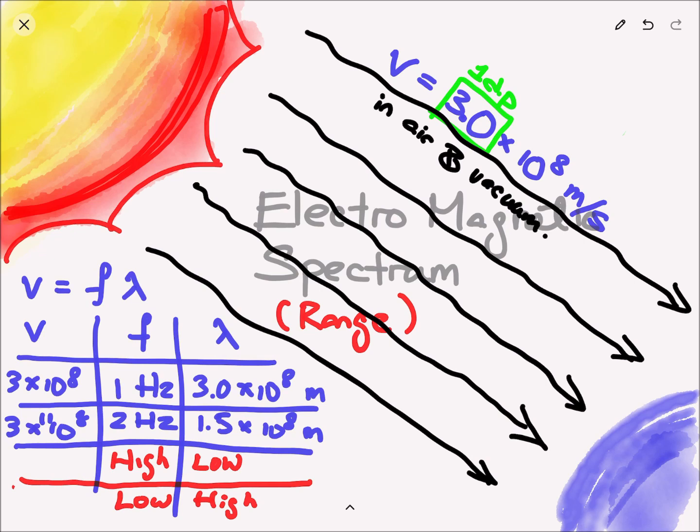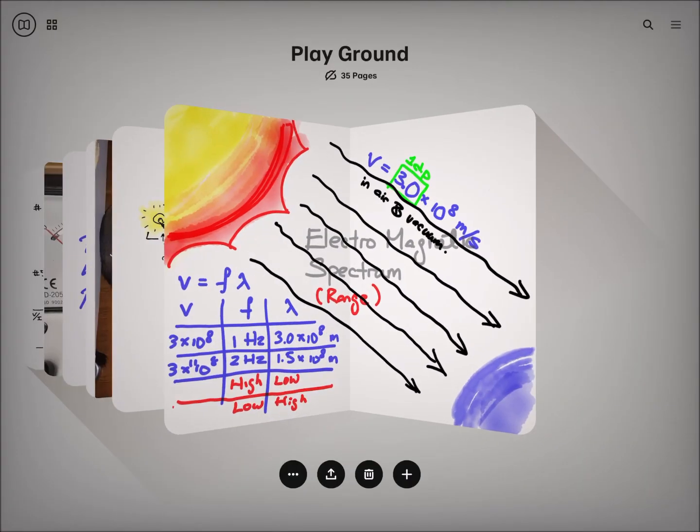For this chapter, we are only focusing on listing down the different waves from high frequency to low frequency, or low wavelength to high wavelength, in this spectrum. Within the different bands, you need to know the name given to that band and its unique application.